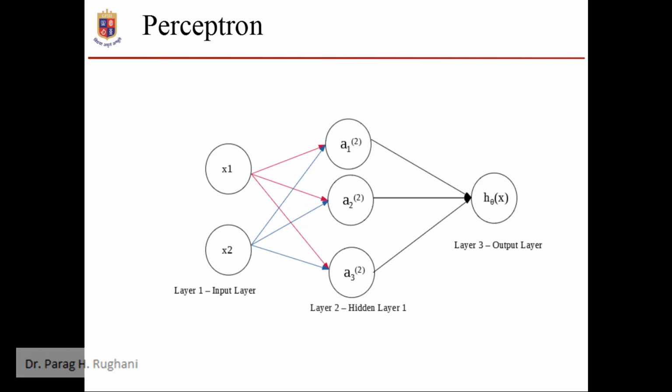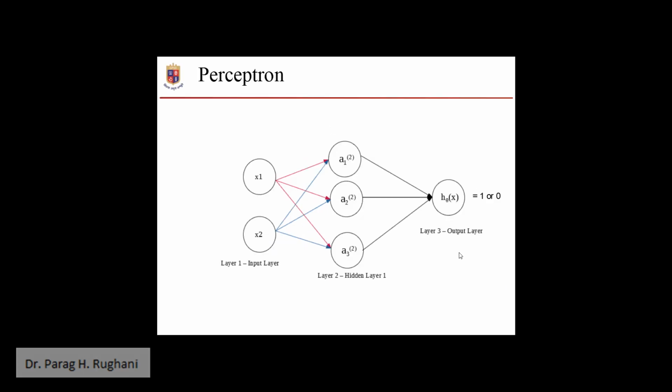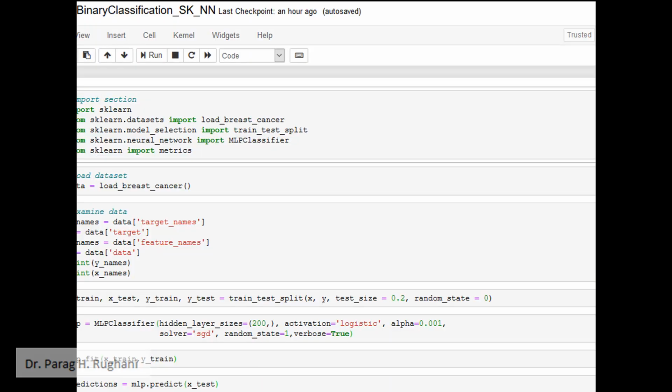We are expecting some result which can tell us whether it's a malignant or a benign tumor, and as we said earlier, this can be represented in the form of 1 or 0. So the last element h theta x, which is an output element, can represent either 1 or 0. 1 can represent malignant and 0 can represent benign tumor, and this can tell us exactly whether the tumor is malignant or benign.